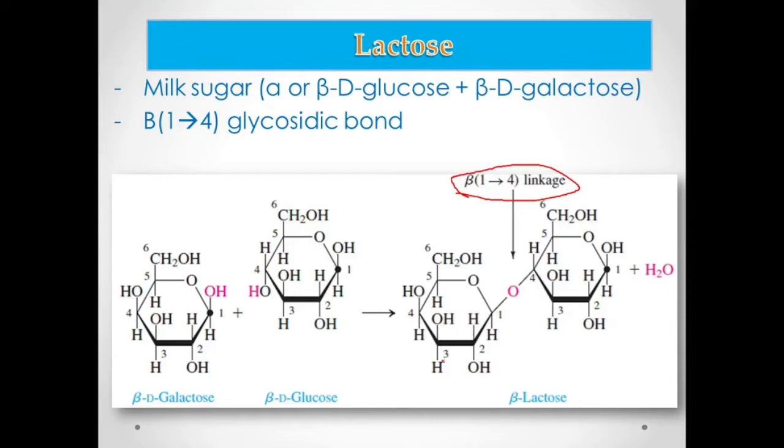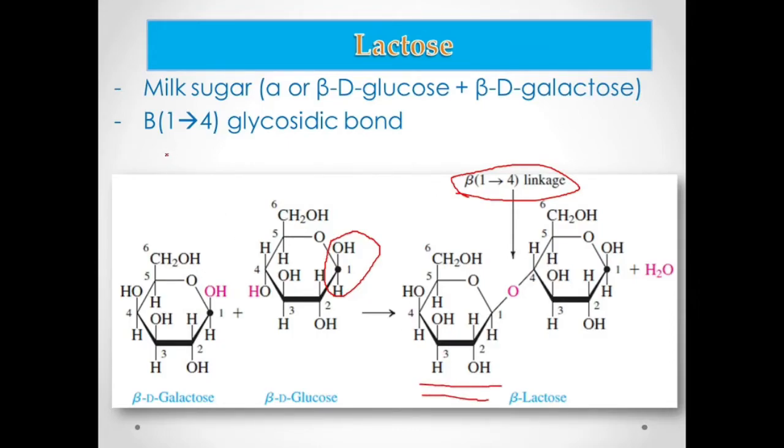So what would be the systematic name of beta-lactose? Remember, lactose also has a reducing end. If you are going to name this disaccharide, take note that you name the non-reducing end first. That is your beta-D-galactose.